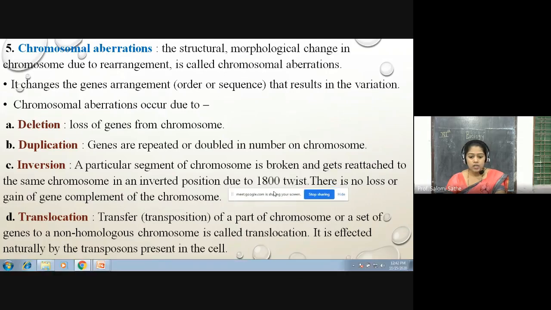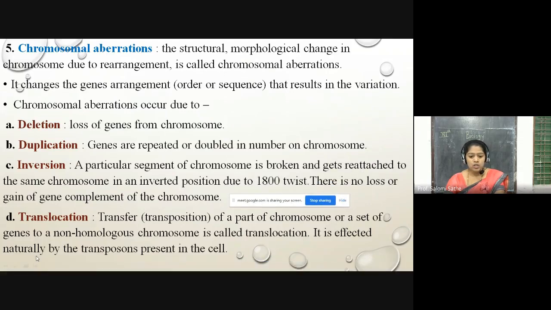Third, inversion. A particular segment of chromosome is broken and gets reattached to the same chromosome in an inverted position due to 180 degree twist. There is no loss or gain of the gene complement of the chromosome.